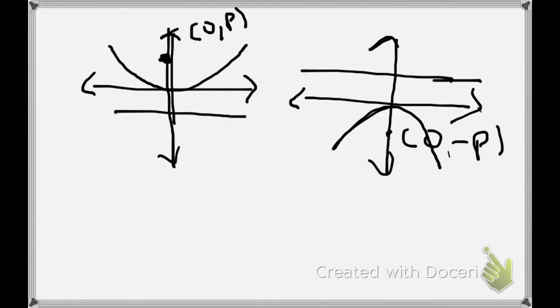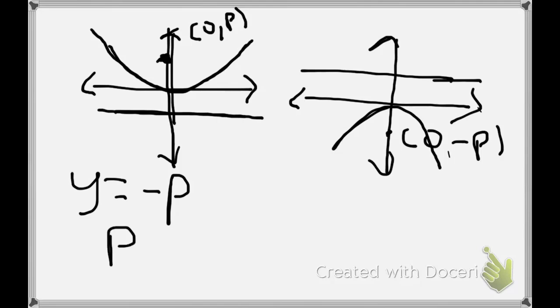Alright, so we're going to show you some graphs. These are two parabolas with the vertical axis. This is the parabola. This is the focus at 0, p. And this is the directrix, which is y equals -p.